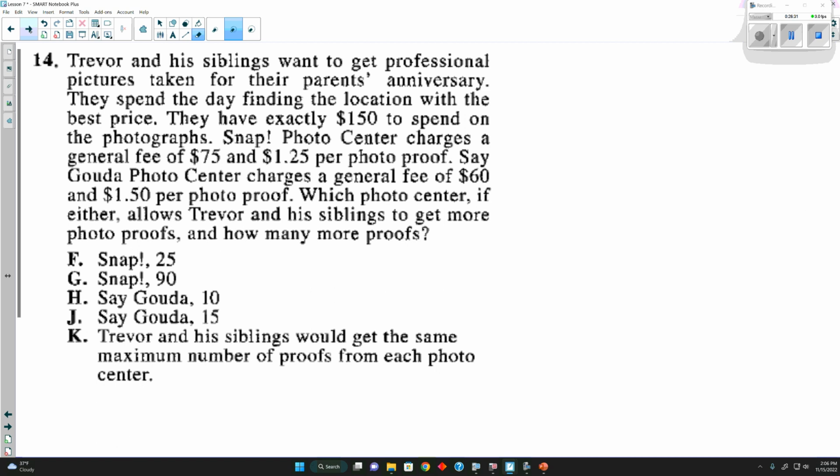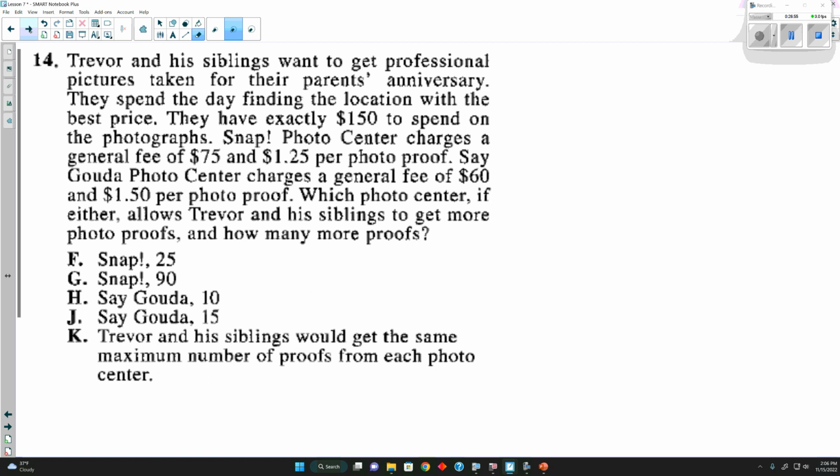Question 14. We're going to skip a few and look at 14. Trevor and his sibling want to get professional pictures taken for their parents' anniversary. They spend the day finding the location with the best price. They have exactly $150 to spend on the photographs.